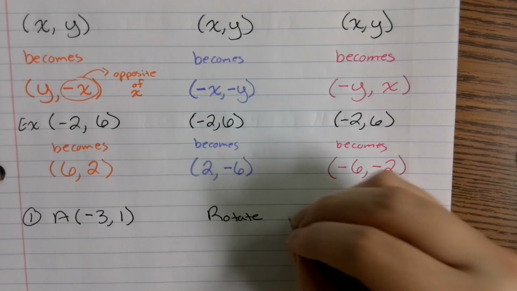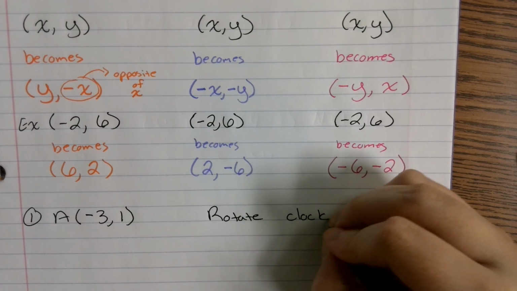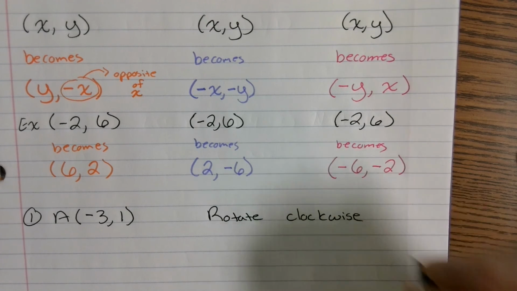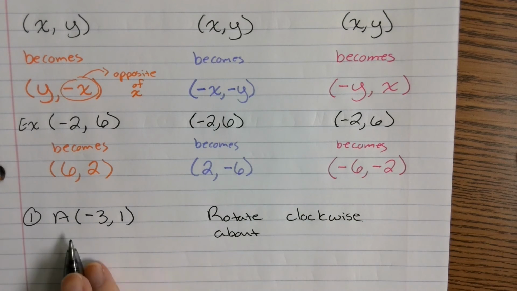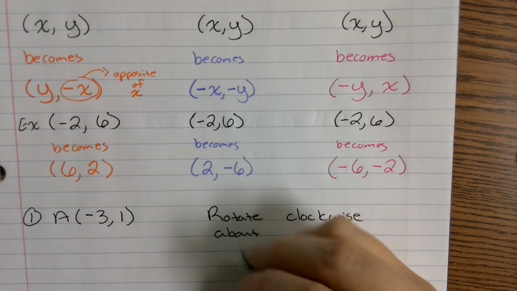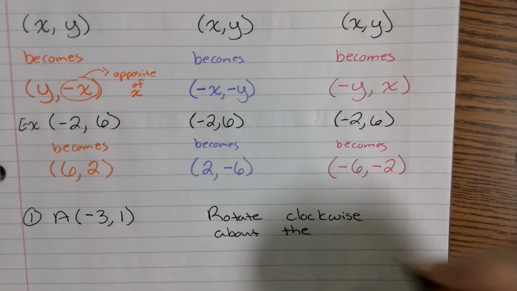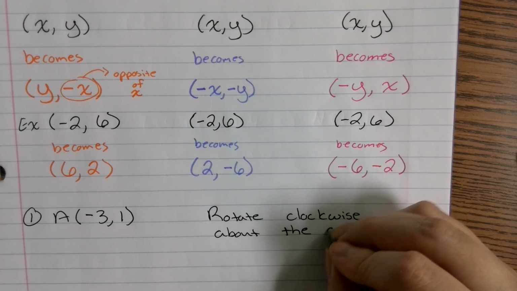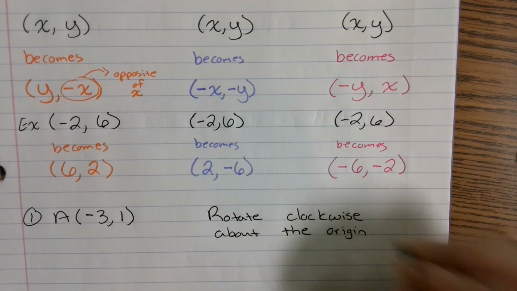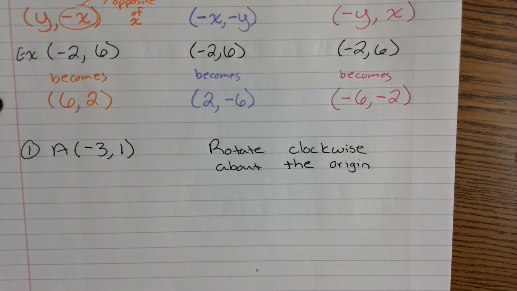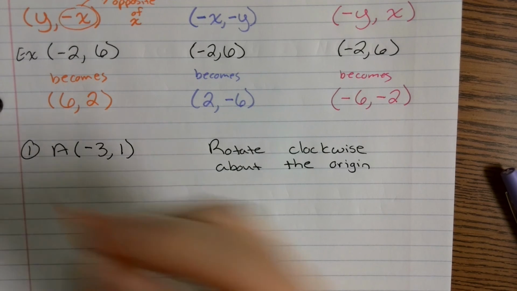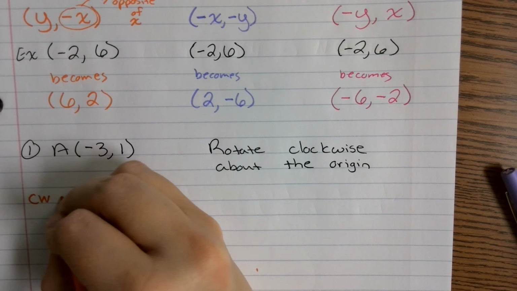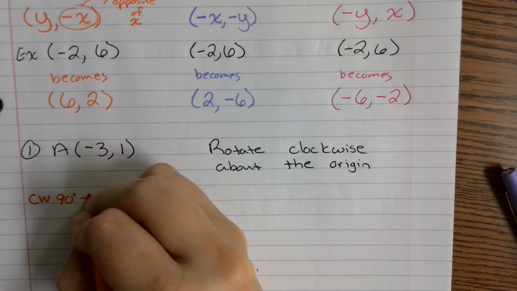It's a small quiz. All right, so if I say that we're going to rotate clockwise about the origin, I want to know what's the new location for point A, whether I'm rotating 90 degrees, 180 degrees, or 270. So we're going to do it for all of them. Okay, so let's start with the clockwise rotation of 90 degrees.